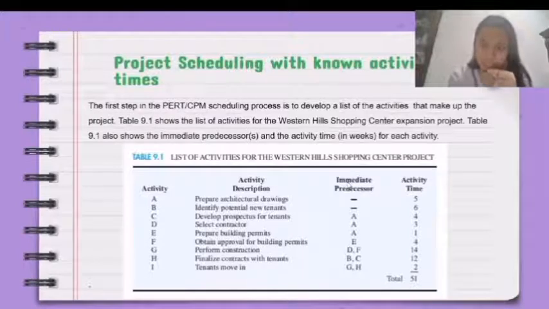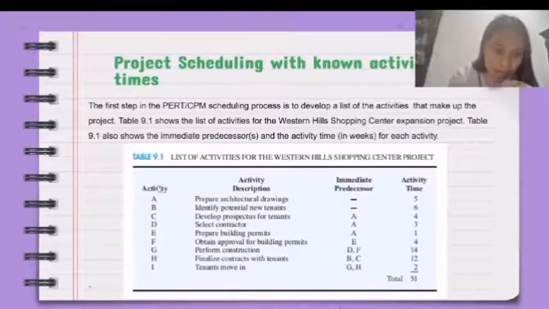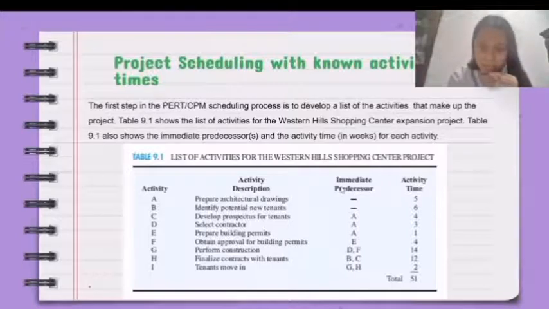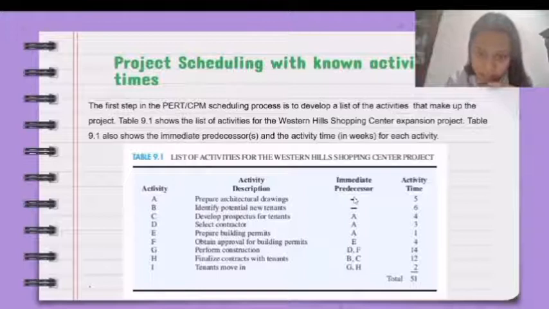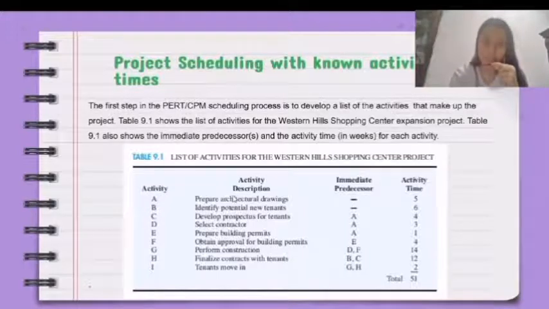Immediate predecessor identifies the activities that must be completed to enable workers to start the rest of the activities. So, activities A and B don't have any immediate predecessors as they are presented with a dash, so they can start as soon as the project starts.